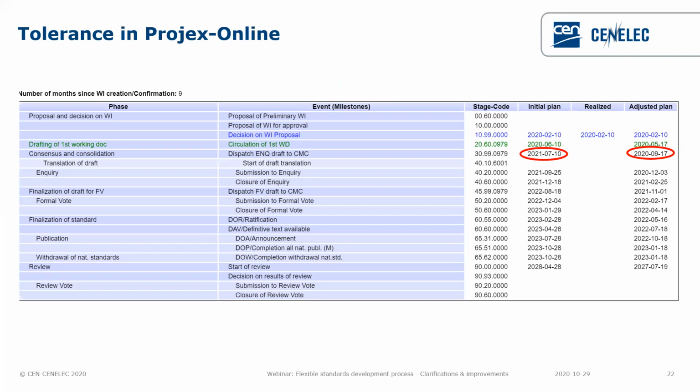And as you can see here, this is a project started on 10 February 2020, therefore it's not flex because it's before 1st of April 2020, and the tolerance is reflected only in the initial plan and not in the adjusted plan. So we have exactly the same problem as before.